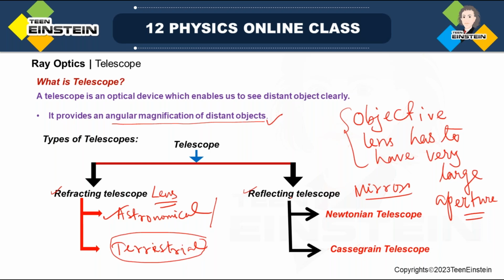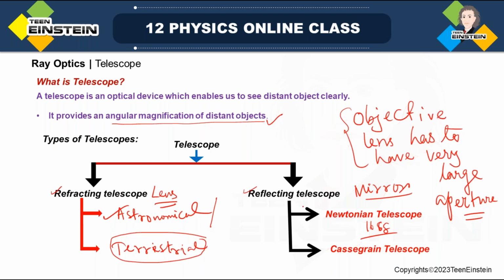Before that, let me tell you, to overcome those demerits, reflecting type telescopes were manufactured, and the first reflecting telescope was made by Sir Isaac Newton in 1668.